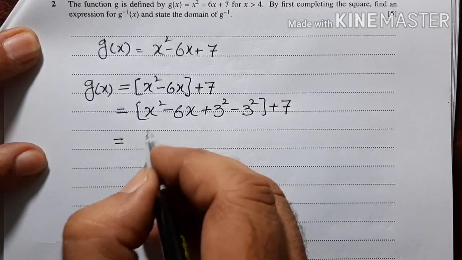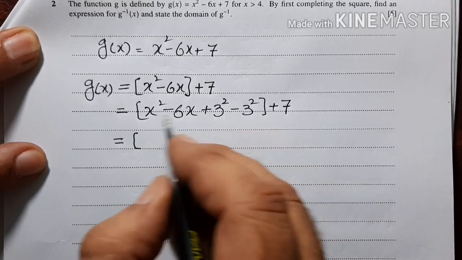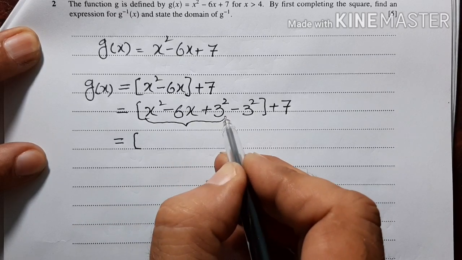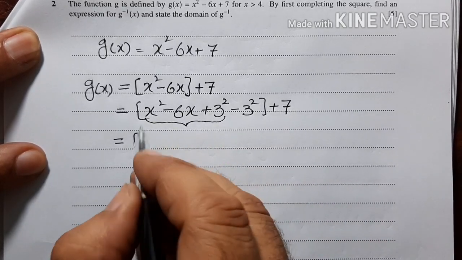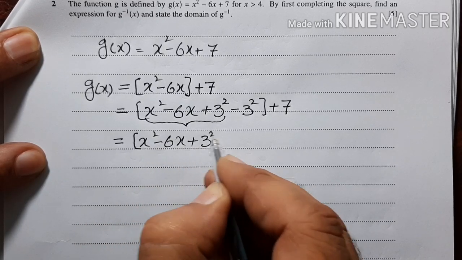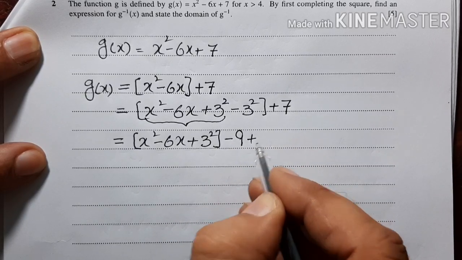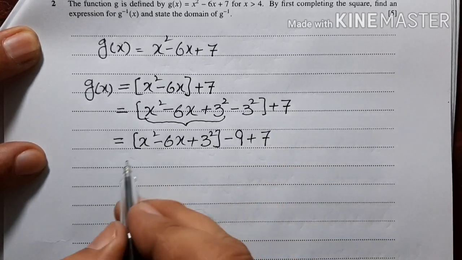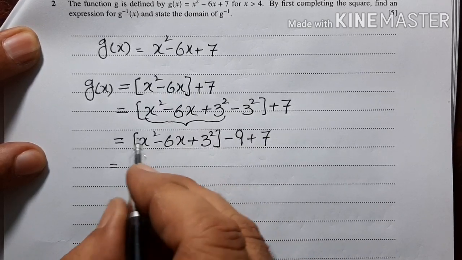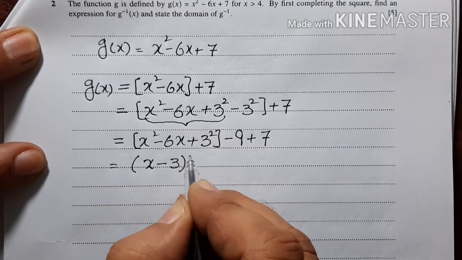Now I will separate these terms: x² − 6x + 3², this is minus 9, this is plus 7, and the first three terms are actually (x − 3)².